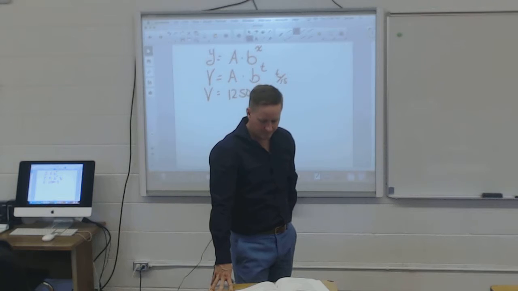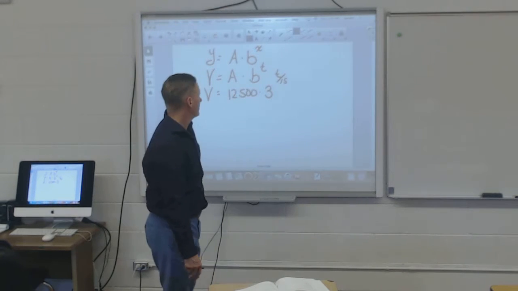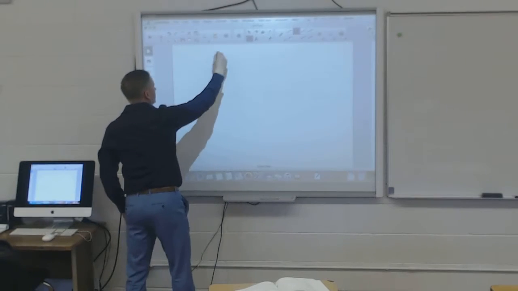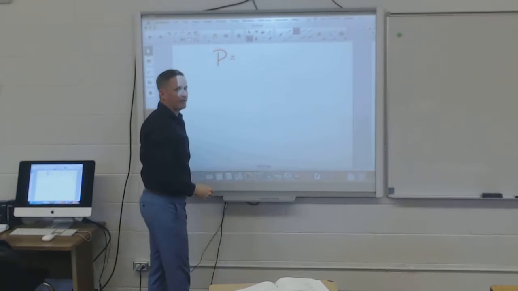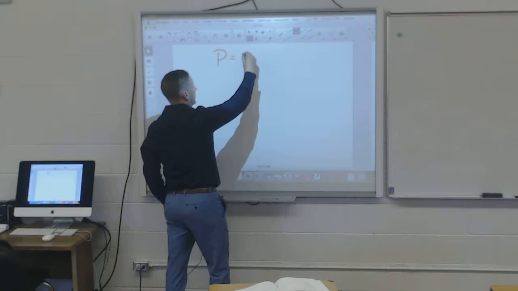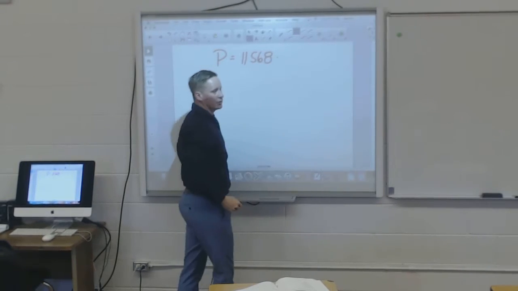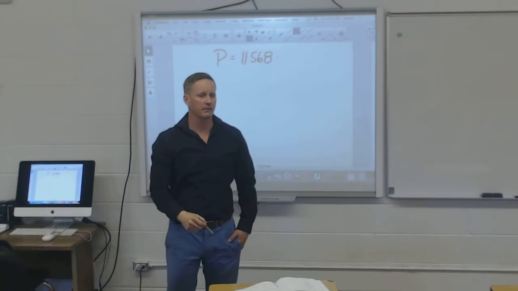Yeah. Okay. So if you're looking at 8, the population of a town is decreasing by 2% per year. The current population of the town is 11,568. So my current value is my initial amount, which is 11,568, right? Now how do I show something's decreasing by 2%?